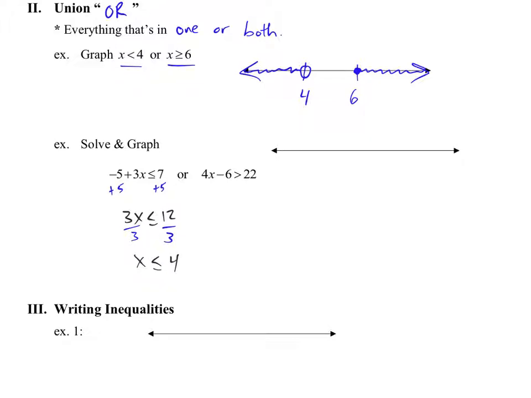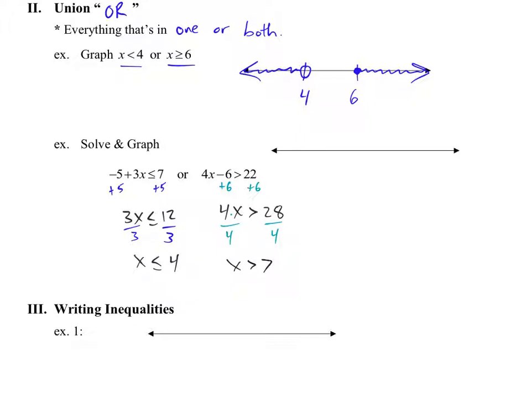I'm going to solve my next one first to see what that looks like. So this next inequality, first I add 6 to both sides. I get 4x is greater than 28. Still tracking with me? Then because it's 4 times x, we divide by 4. x is greater than 7.